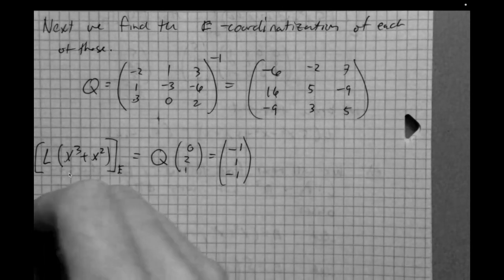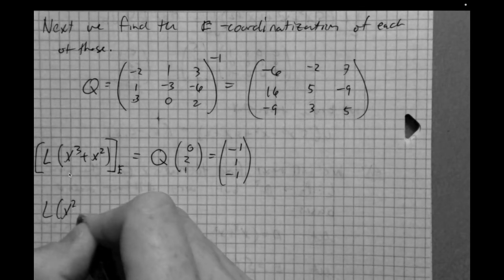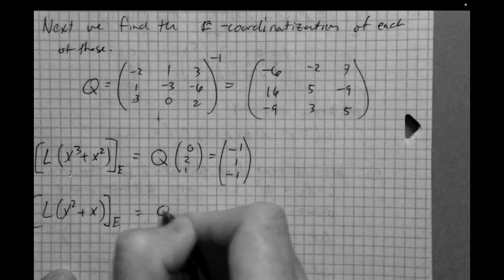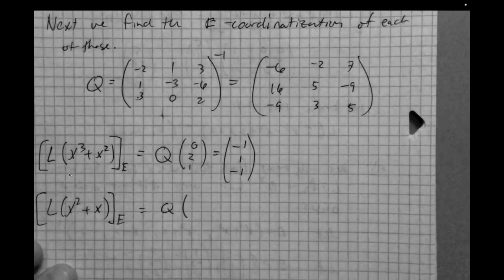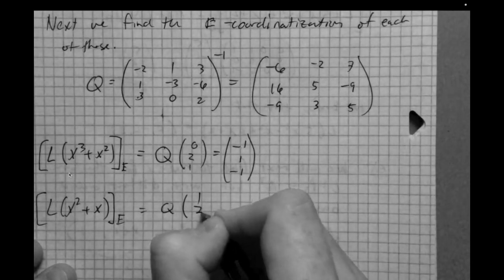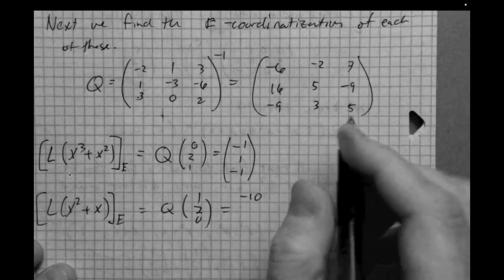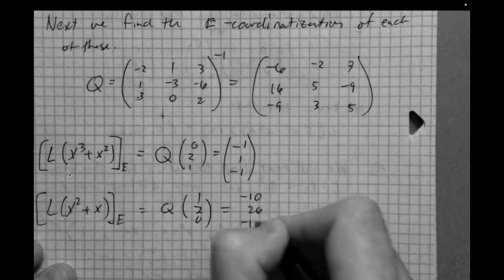And I can do the same thing for the others. So L of x squared plus x coordinatized in E is equal to Q times (1, 2, 0), which is (-10, 26, -15).